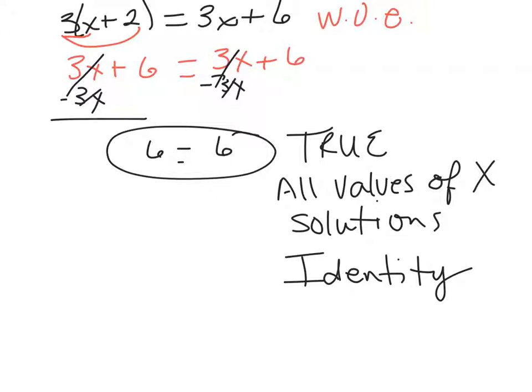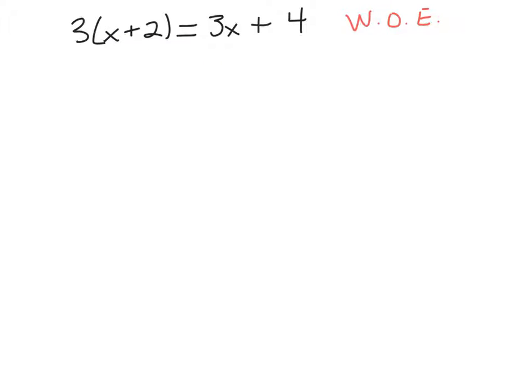Let's try another one. We have 3x, oh, sorry, so we'll use the distributive property here to work this out. So we end up with 3x plus 6. Sorry about my dog, you can hear him panting in the background. Now we're going to get rid of 3x on both sides.